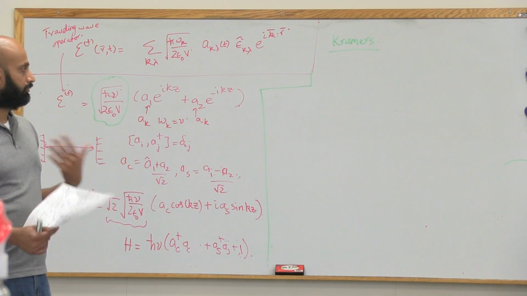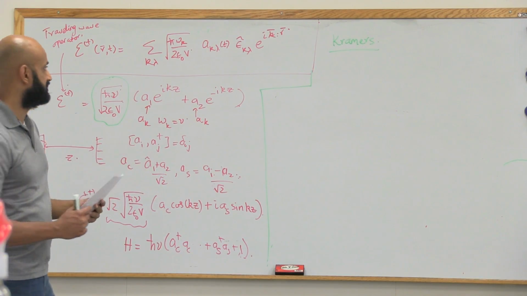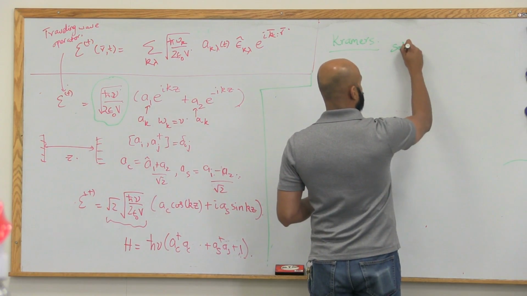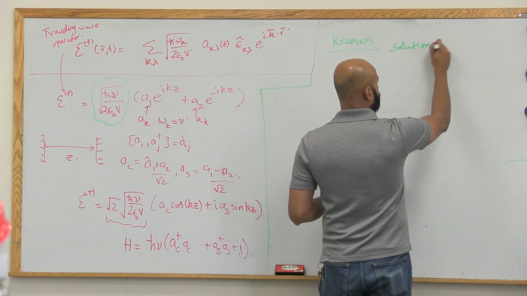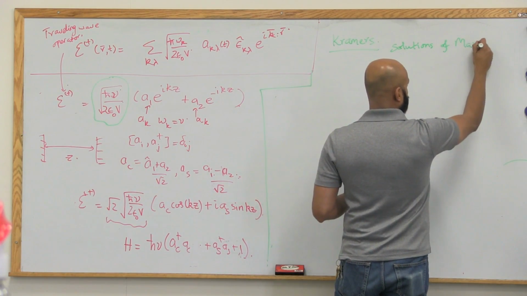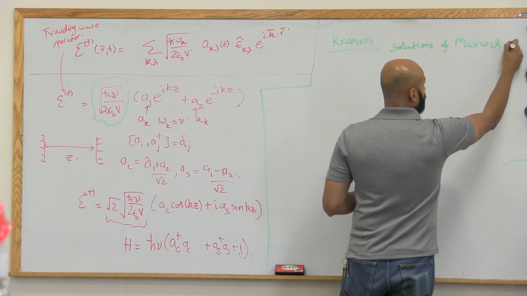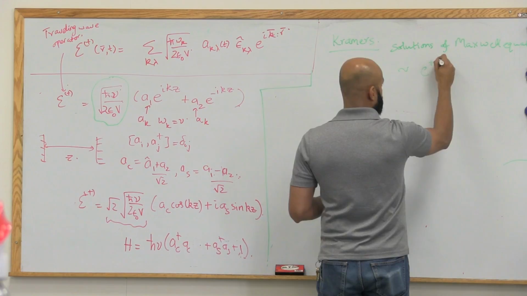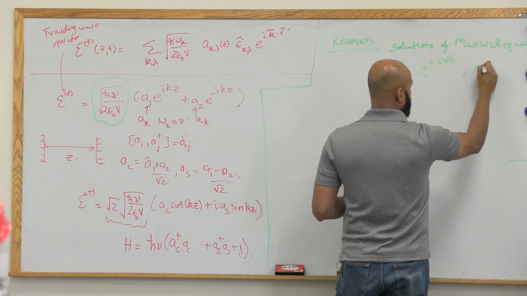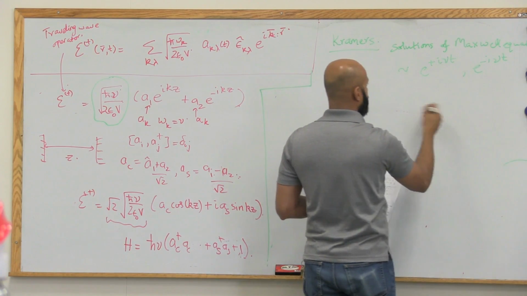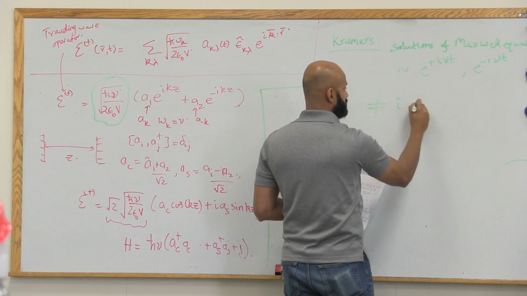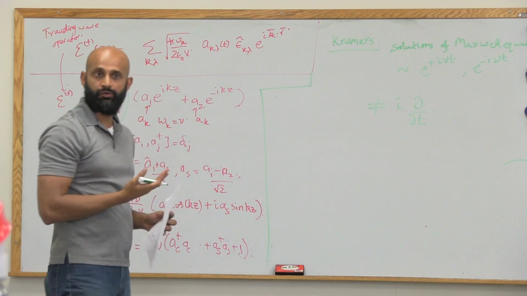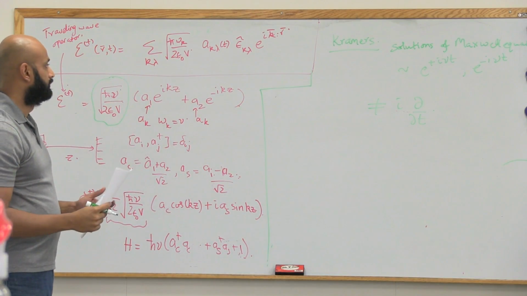The one issue that Kramers was pointing out is that the eigenfunctions, or the solutions, of the Maxwell equation go as both e to the plus i nu t and e to the minus i nu t, which means that they cannot be eigenstates of the time evolution operator in the Schrodinger equation, i d/dt.